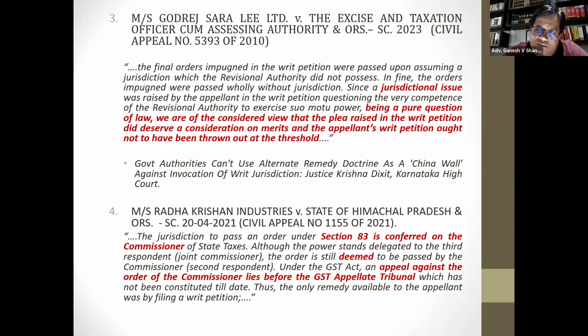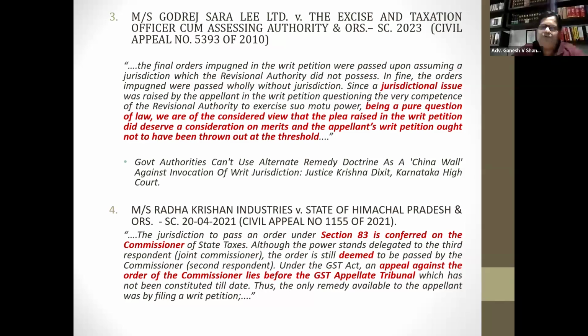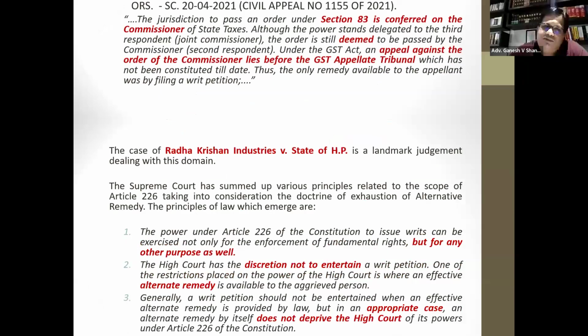Thing is, we need to keep our minds and eyes open to get things. Section 83, anybody would have thought, if I get a provisional attachment, can go and get the provisional attachment stayed or challenged, but that is not the case. So Radhakrishna Industries, I don't want to go into this slide.